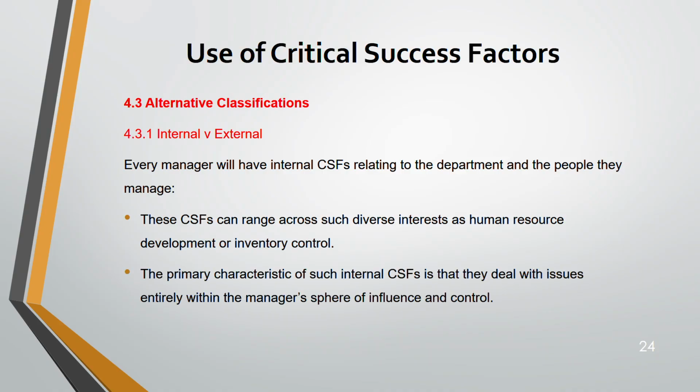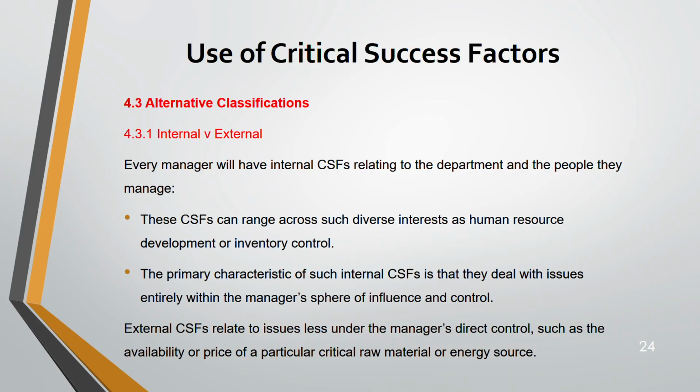Next, the primary characteristic of internal CSFs is that they deal with issues that are entirely within the manager's control. External are less under the manager's control, such as the availability or the price of a particular raw material. That is not in your hand. Whether the raw material will be available or not, whether the price of the raw material will be high or low, not in your control.